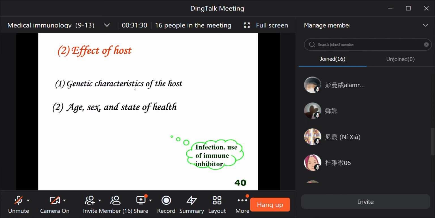Also, the age, sex, and state of health play a very important role in our immune response.